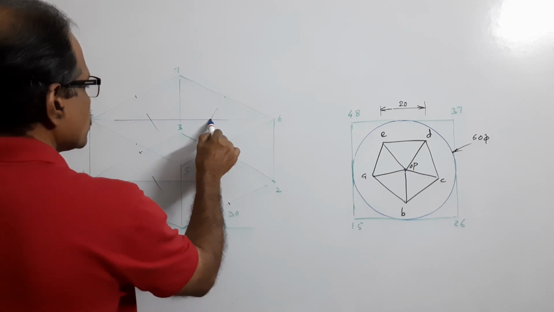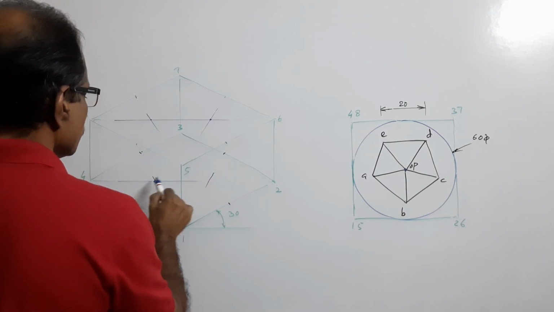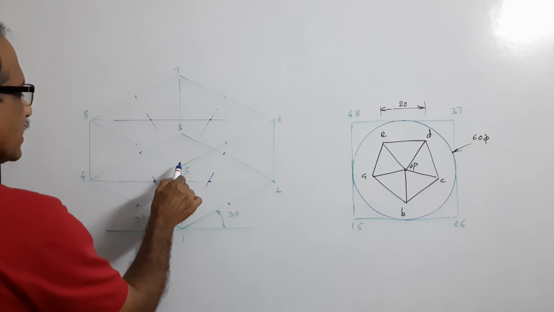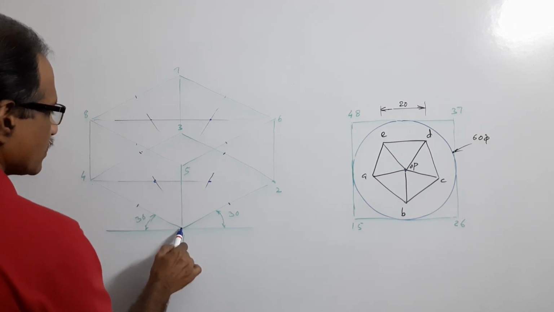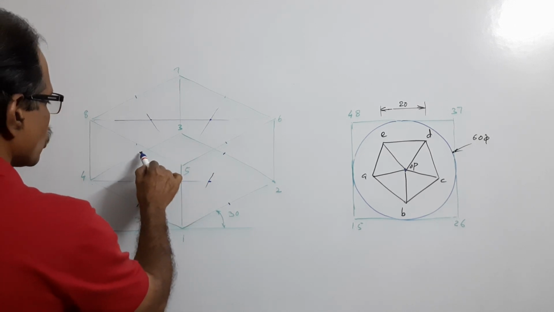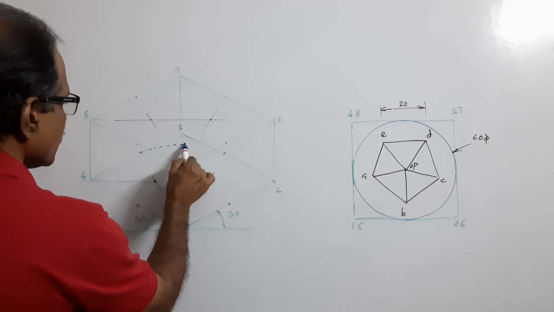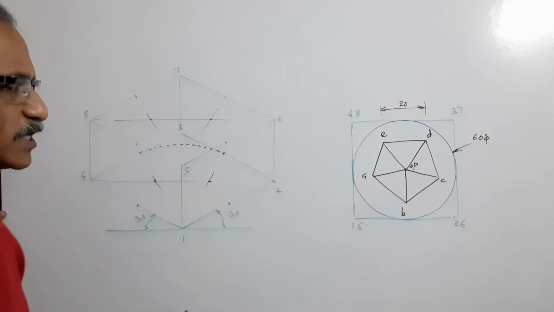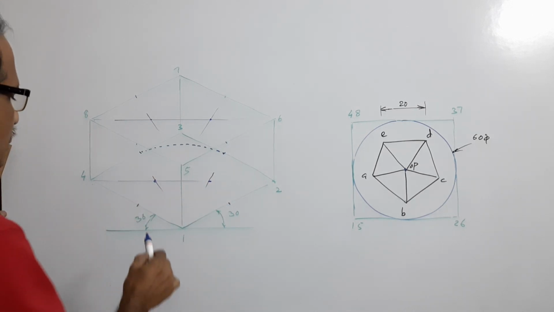Our idea is to get these 4 points. This one as center and this as radius, draw an arc with your compass. You know it is going to be dotted, therefore I am drawing them as dotted itself.